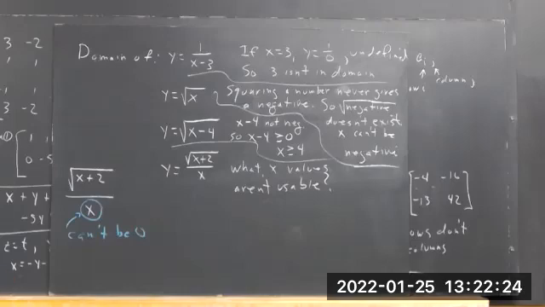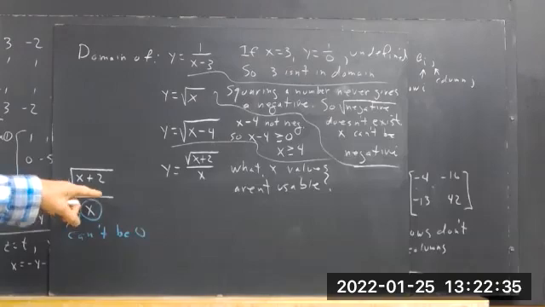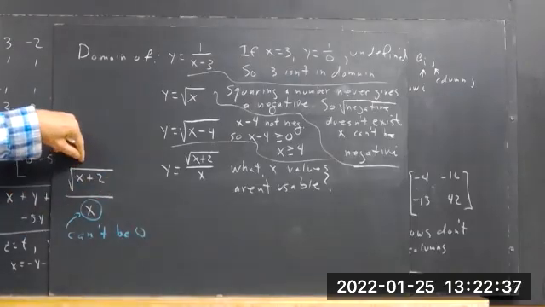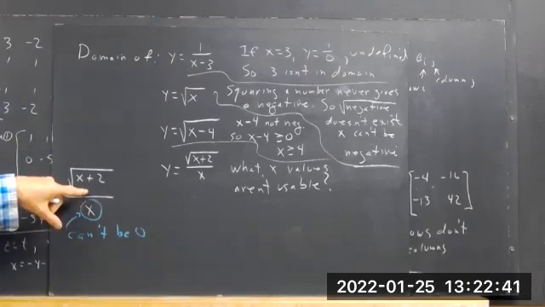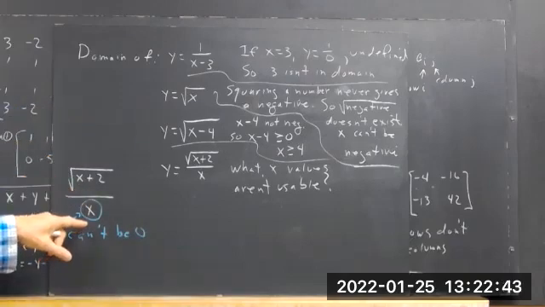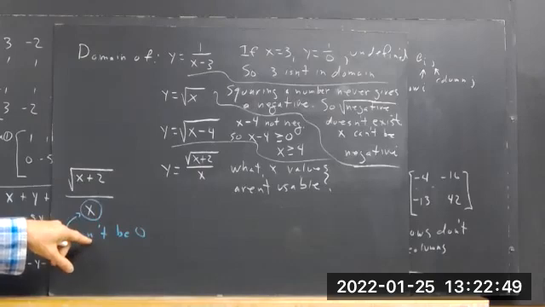You can't divide by 0. You've got 0 here. You don't have 0 up here. You have the square root of 2, which is about 1.414. You've got a number up here. So if x is 0, you're trying to divide the square root of 2 by 0.